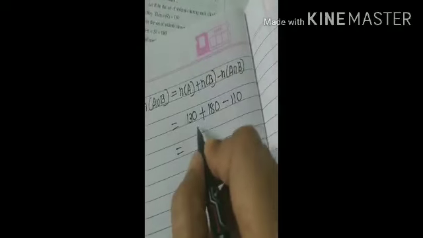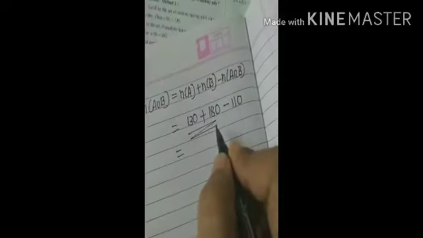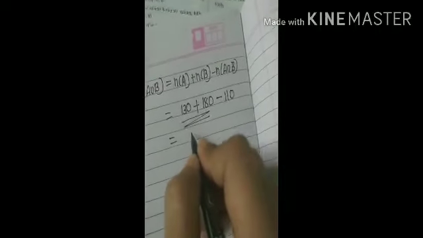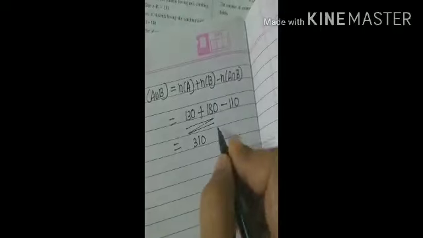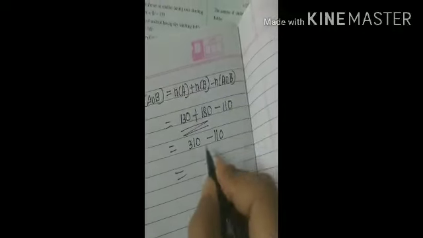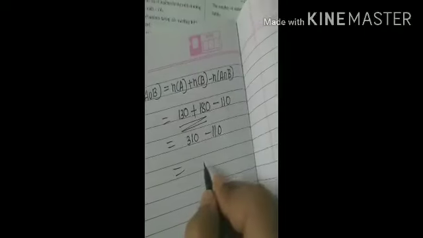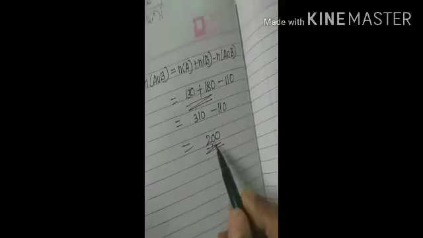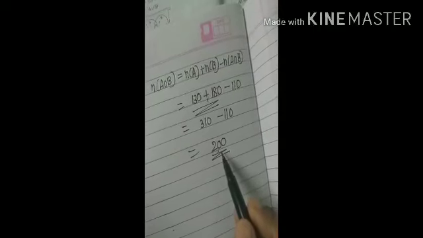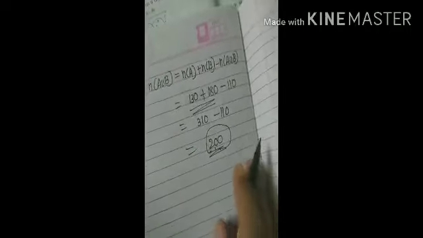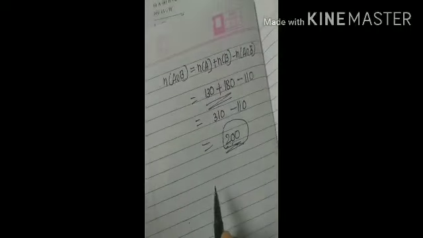These two you add first: 130 plus 180, you get 310, minus 110, you subtract, you get 200. These 200 students have at least one of the hobbies. So how many total students are there? 200.